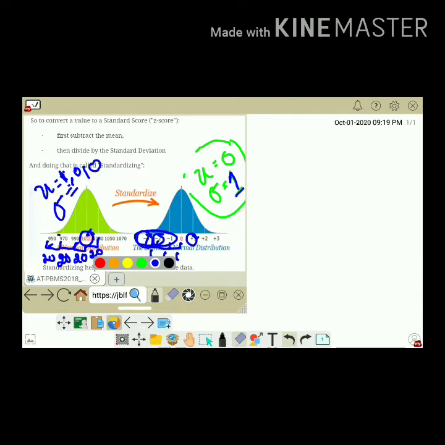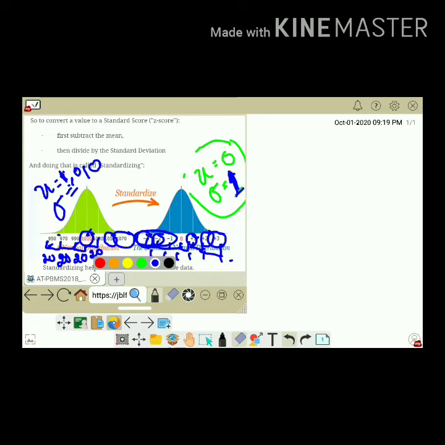Okay, so next is 1050 represented by your positive 2 and 1070 represented by 3. So as you can see, that is 1 minus 0, that is still 1. 2 minus 1, that is 1. And 3 minus 2, that is 1. So that only shows that your standard deviation is 1.